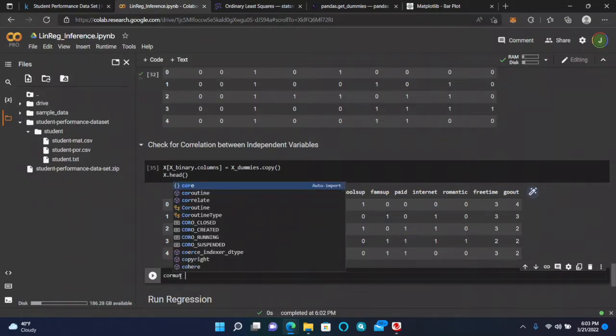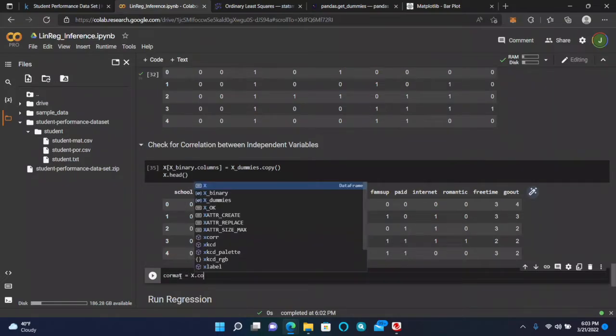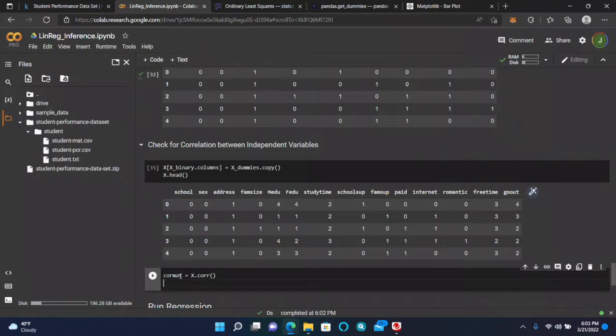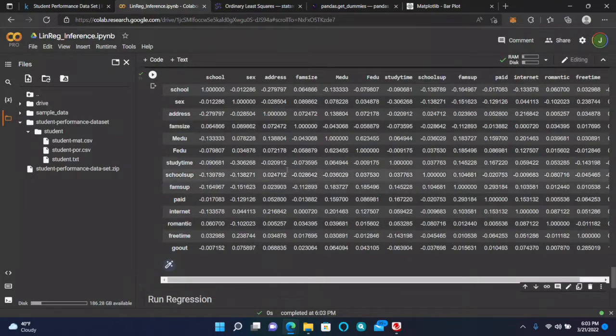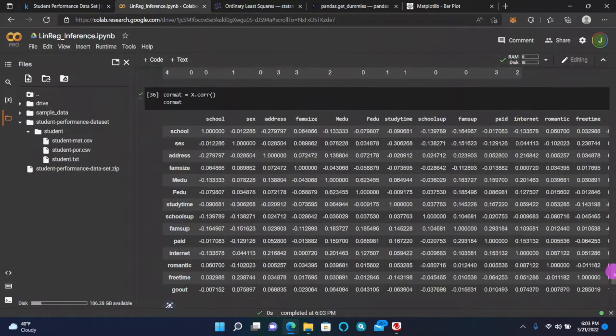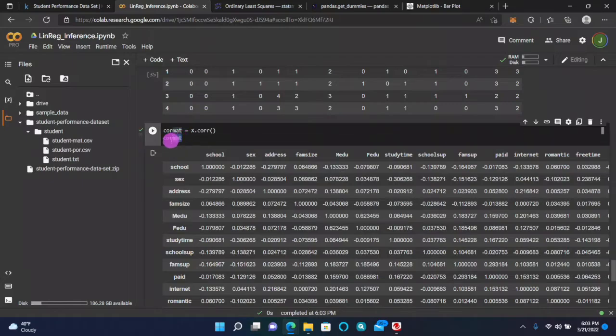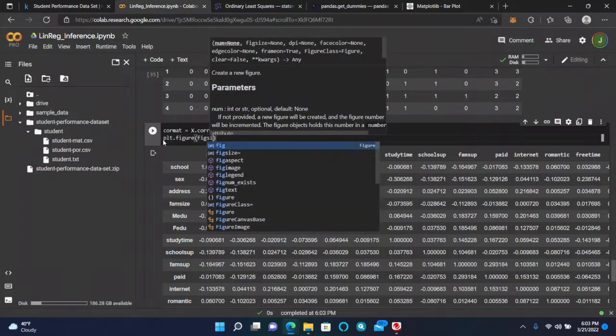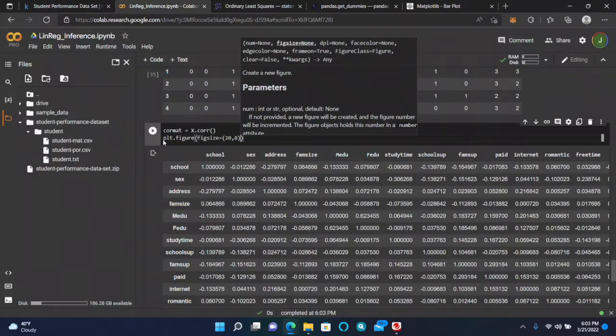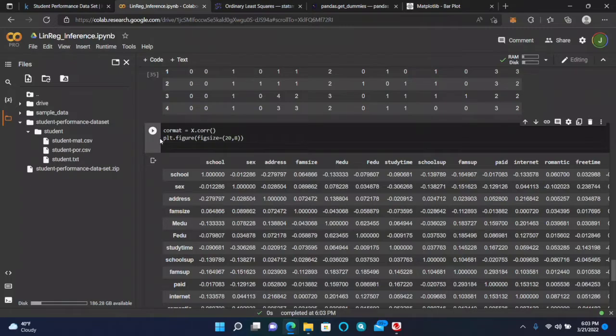So we're going to call this the correlation matrix. Let's just look at it real quick and see all these correlations. But a much easier way generally to do it is in a heat map. I think 20 by 8 looks nice. I don't know why.